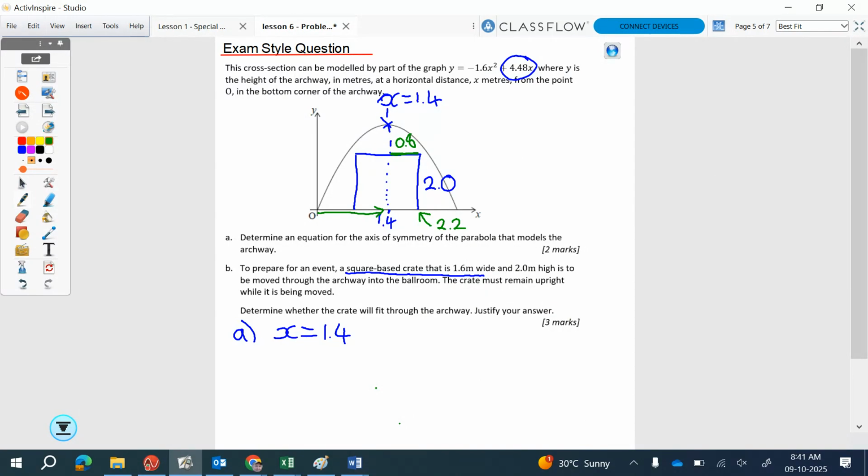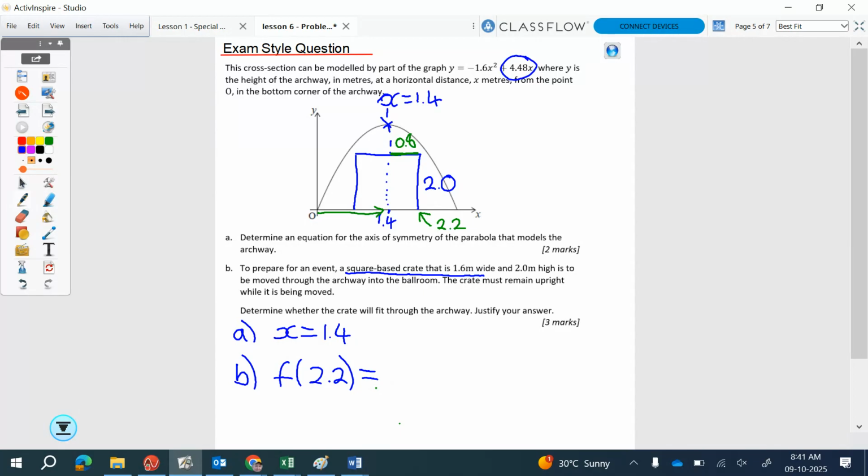How high is the graph when x equals 2.2? So what we want to do for this question is find f(2.2).